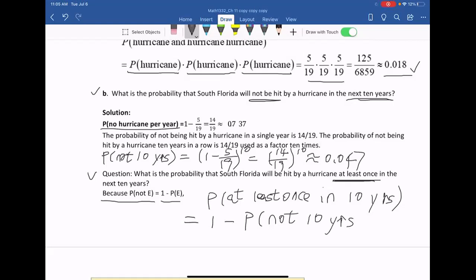We solved this probability in the previous question, it equals 0.047. So we get 1 minus 0.047. If you see the problem is hard to solve, think about it in the negative way. At least once in the next 10 years equals 1 minus P of not being hit in 10 consecutive years.